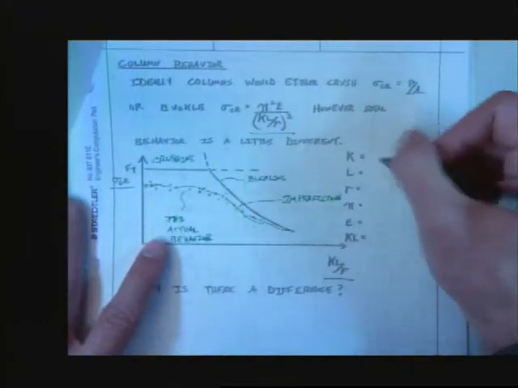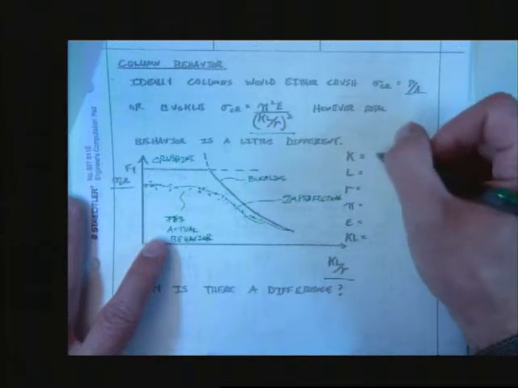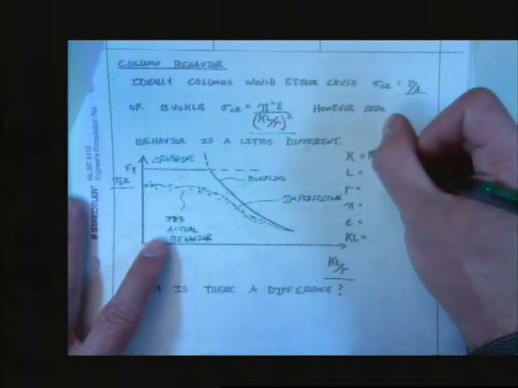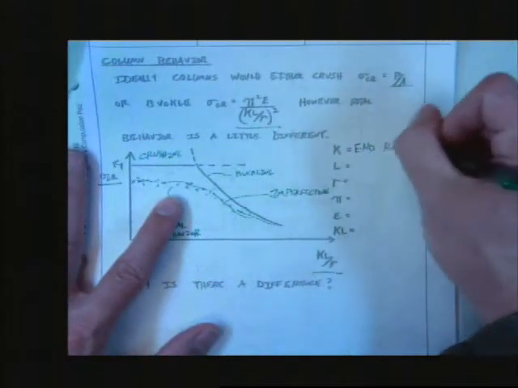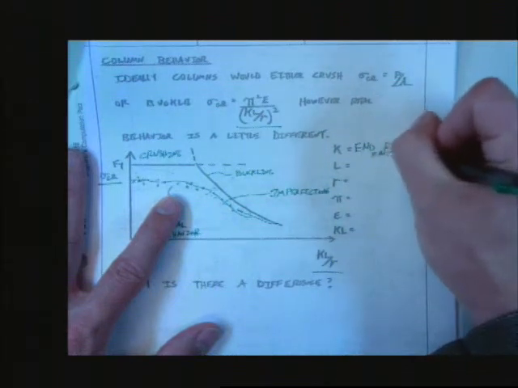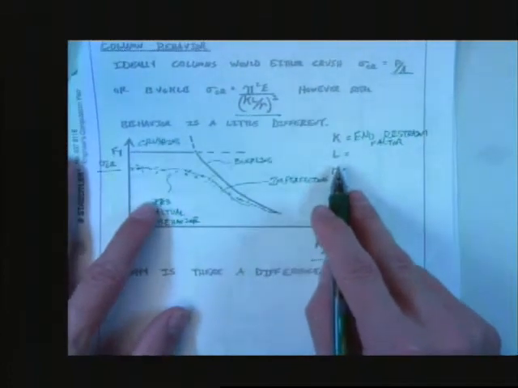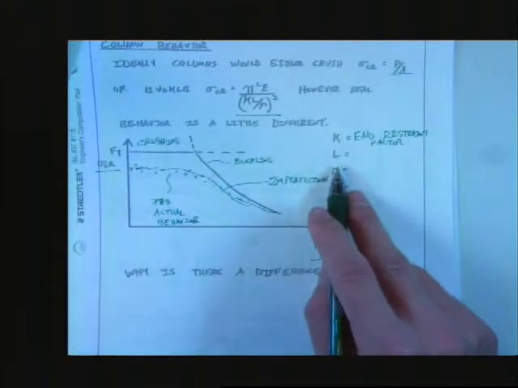So, what are these things? What's the K equal to? The effective length factor. Yeah. The end restraint. End restraint factor is what we'll call it. What's that? Oh, it's on the next page. What's L? Length.